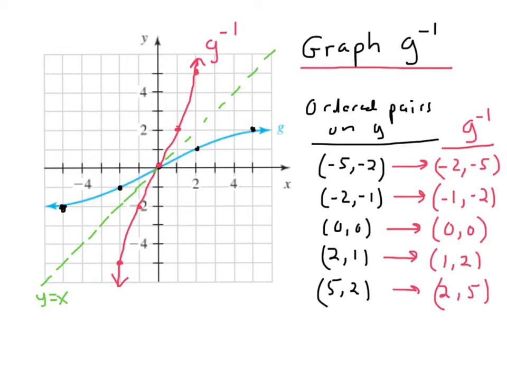And notice that the two graphs that we have there, the original function g and the inverse g inverse, are reflections across that line y equals x. And that'll always happen. Okay, so if you reflect one graph across that green line, you get the other graph. So inverse functions always have graphs that are reflections across the line y equals x.